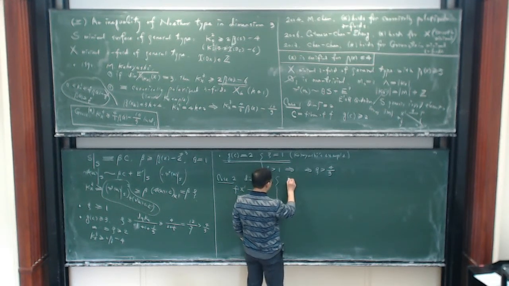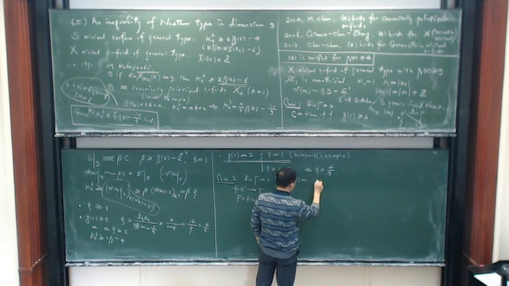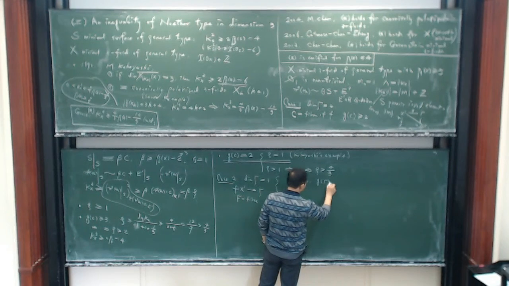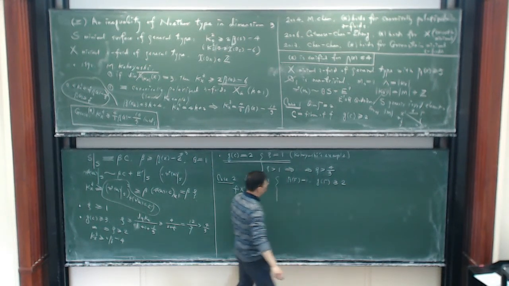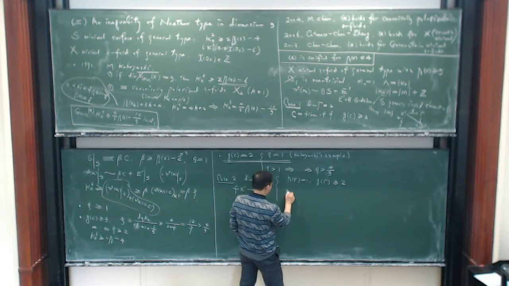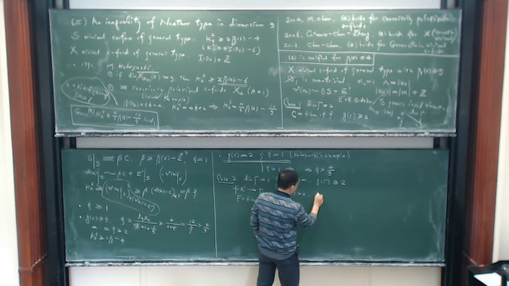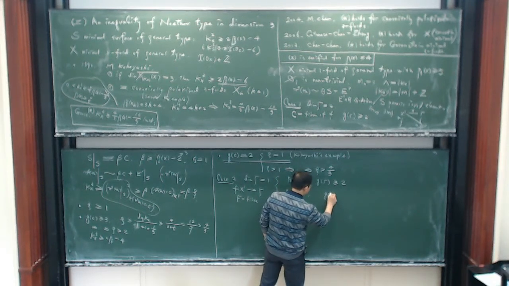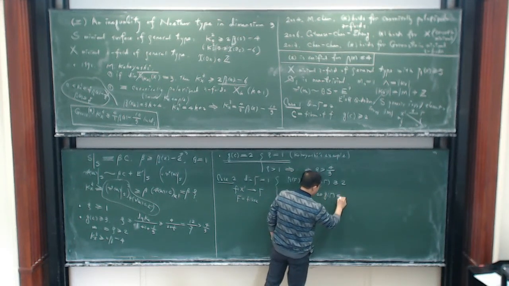Either Pg of F equals 1 and g of gamma at least 2, or Pg of F, of course, this is positive, but g of gamma is either 0 or 1.